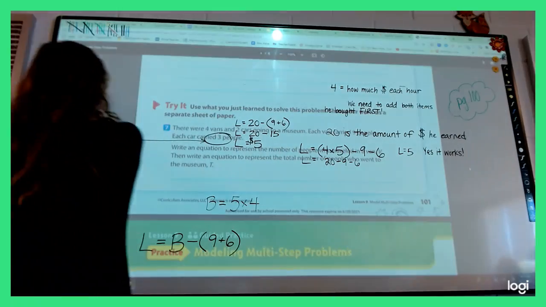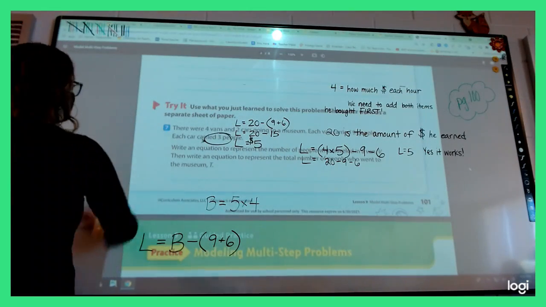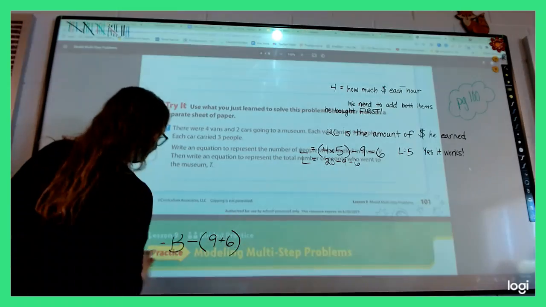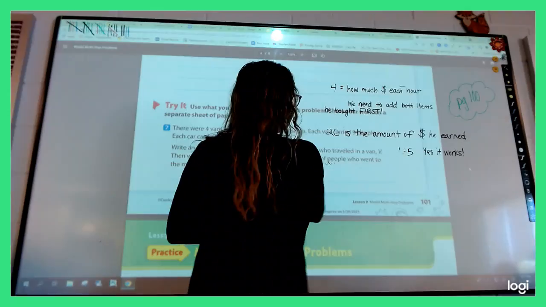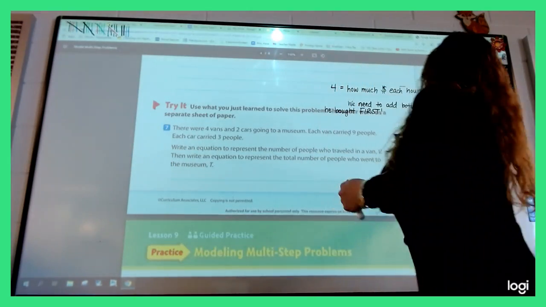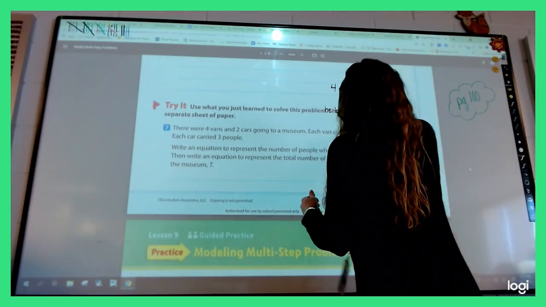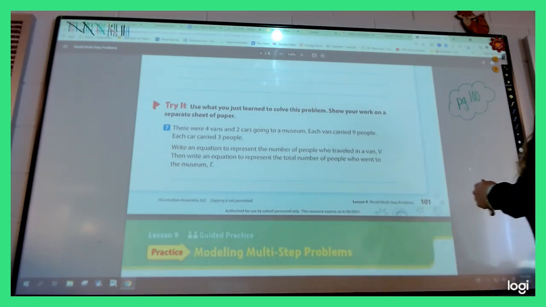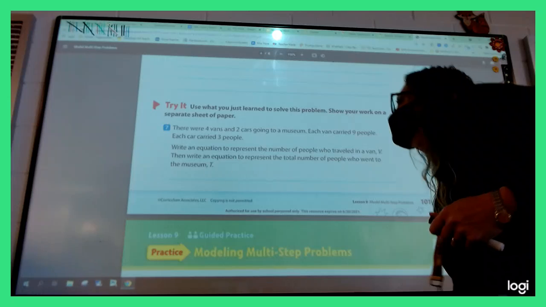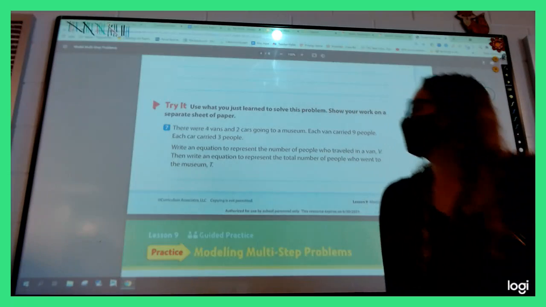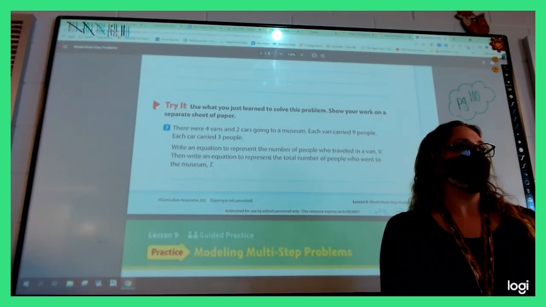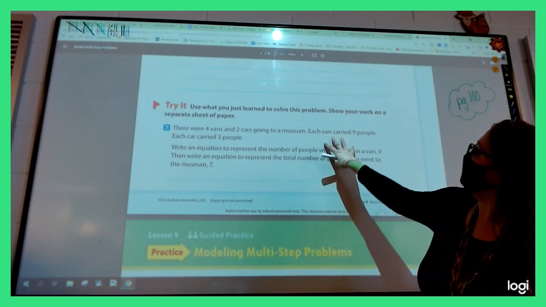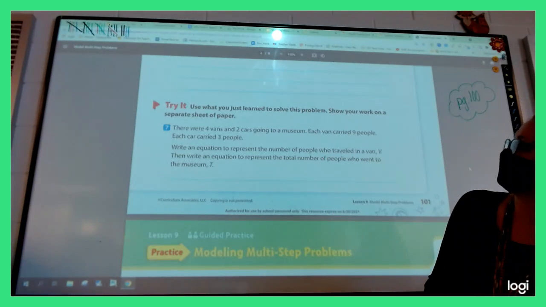You can grab paper or whiteboard to solve our last problem, number 7. Everybody ready? Okay. So, using what we just learned, we are going to solve number 7.